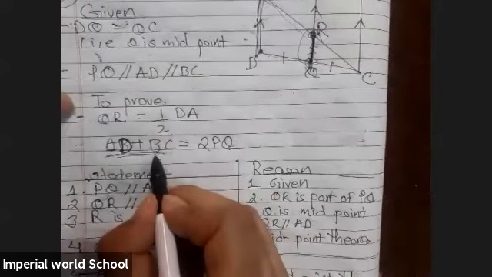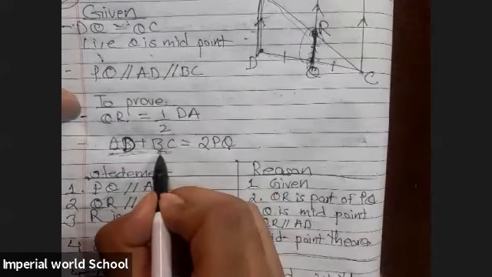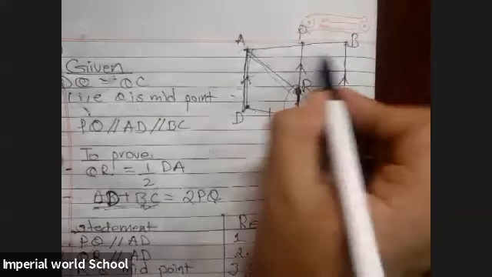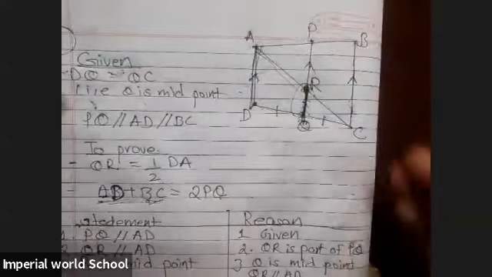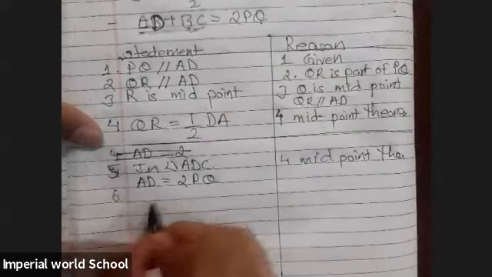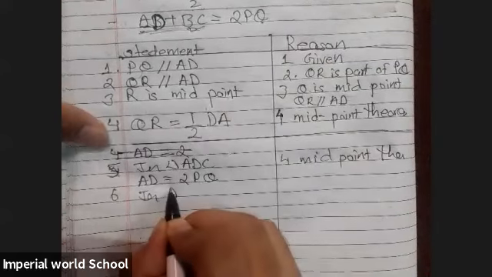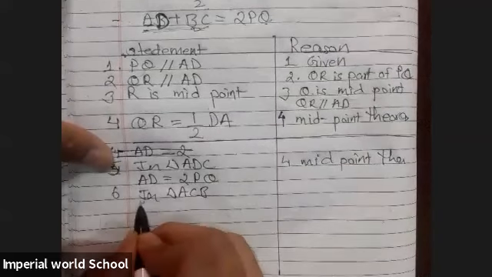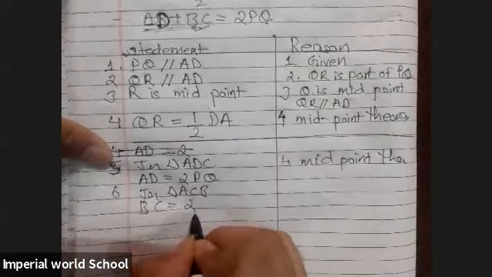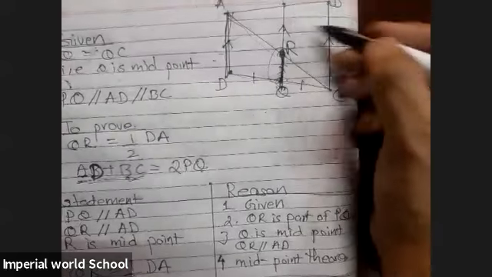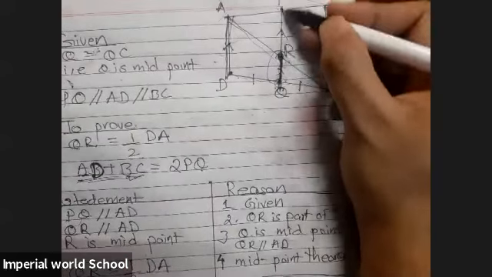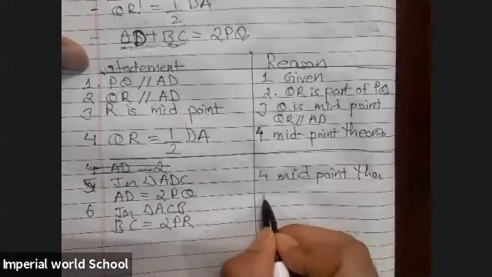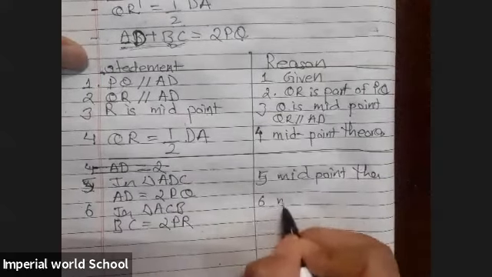So now we are supposed to find the value of this BC also. Now to find the length of BC, you have to focus on another triangle. So write like that. In triangle ACB, BC value is going to be double of PR. So this is also the midpoint theorem.